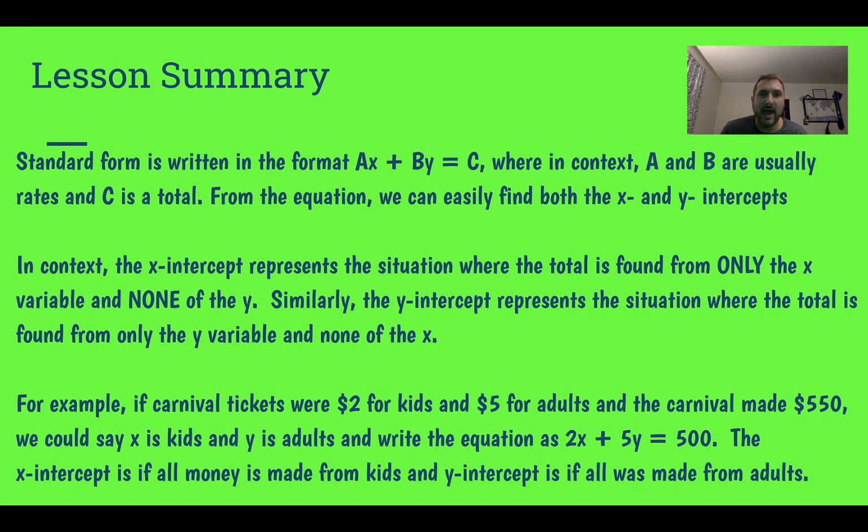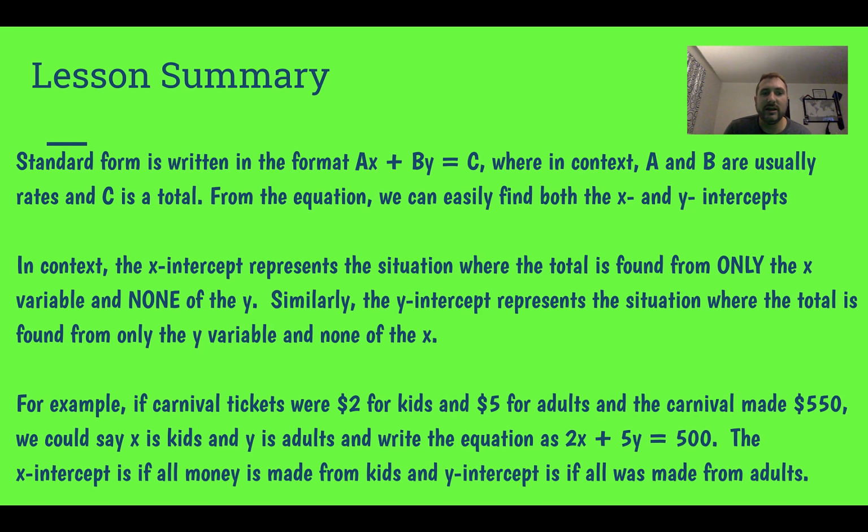In context, the x-intercept is the situation where the total is found by only using the x variable and none of the y. Similarly, the y-intercept represents where everything was found by only using the y variable, but none of the x.